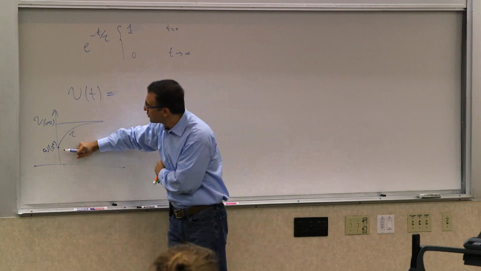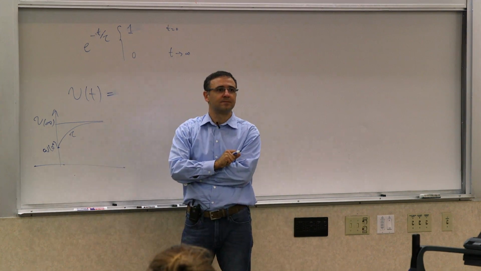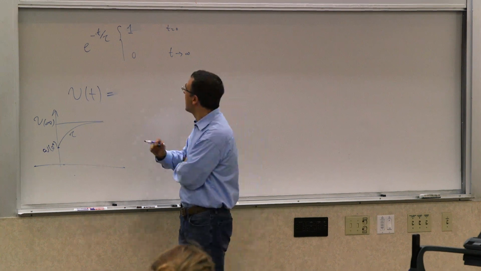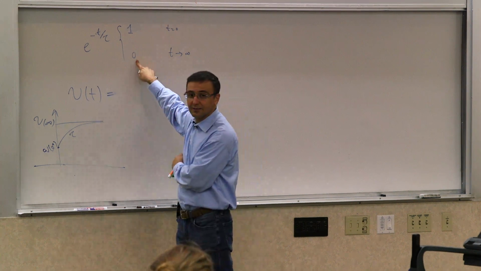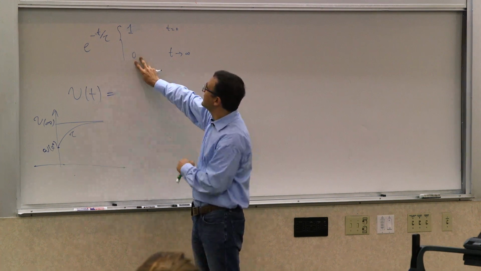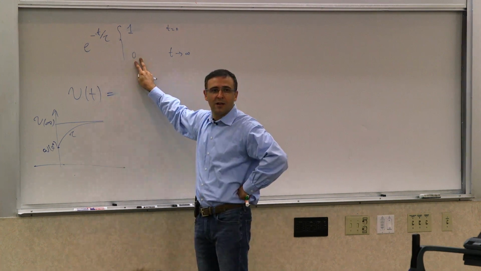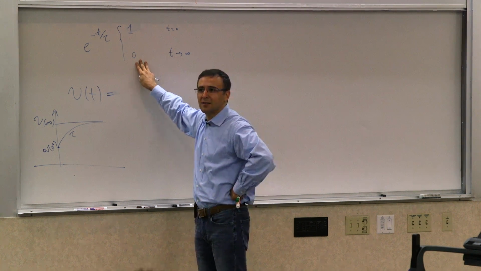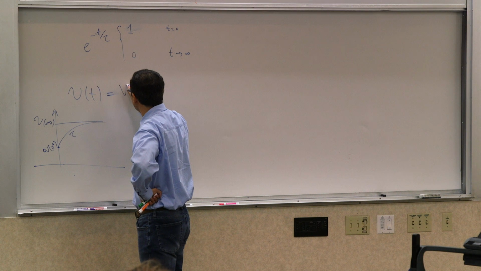What do I want the value to be at t equals 0? V of 0 plus, right? And what do I want it to be at infinity? V of infinity. At infinity, this guy is 0, so whatever is multiplied by it shouldn't have any effect. So what I can put down is v of infinity here.